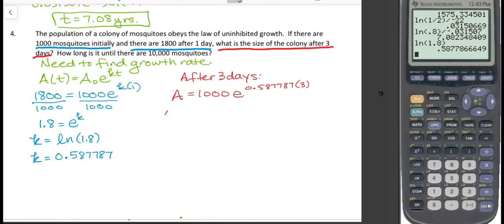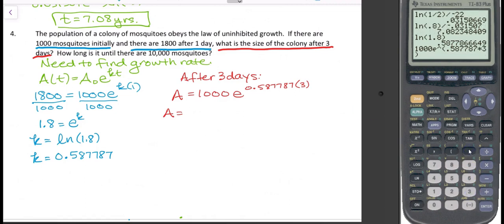A is alone, so all this is arithmetic. I'm just going to type that whole right-hand side into my calculator. I've got 1,000, pull in my e, and my k, my rate of growth, 0.587787, and I want to multiply that by 3.